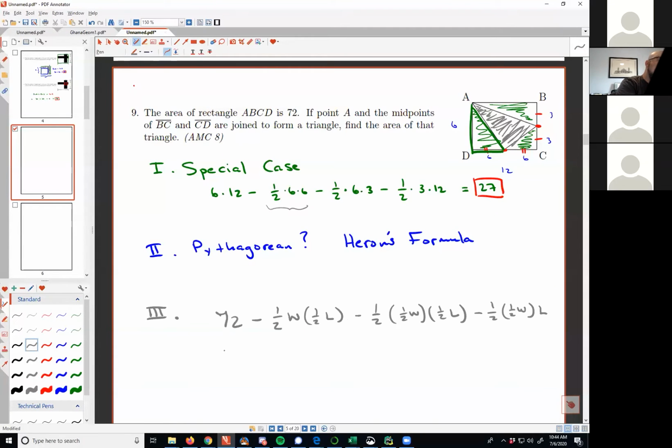And width times length equals 72. Maybe I should have just said WL. And then we have WL, we can factor everything: 1 minus 1/4 minus 1/8 minus 1/4. So in total, we have 3/8 width times length. And we're told that's 72, so 3/8 of 72.